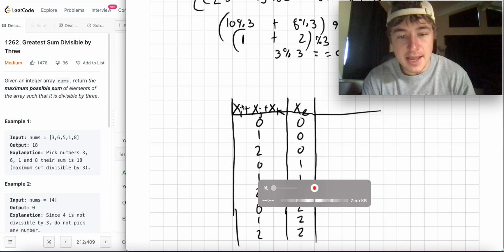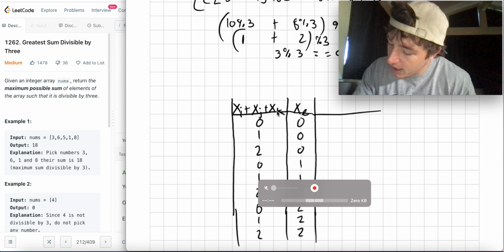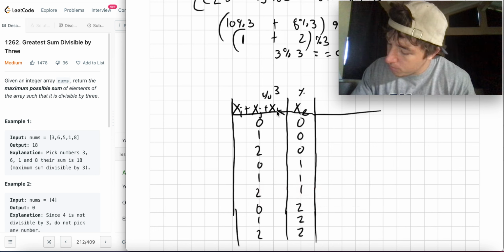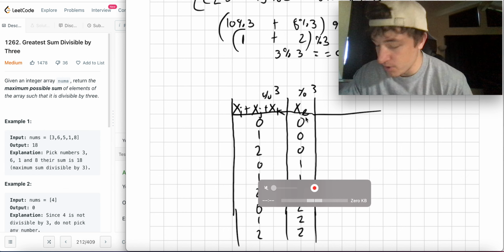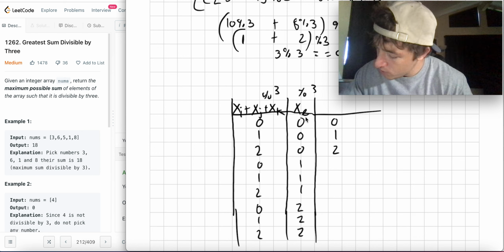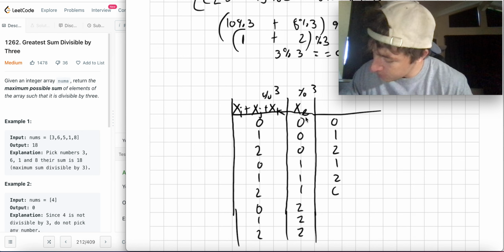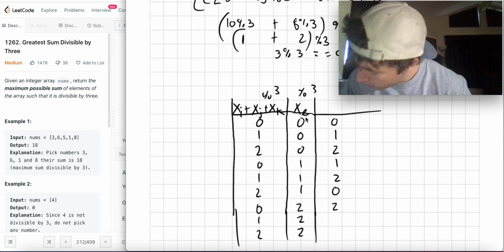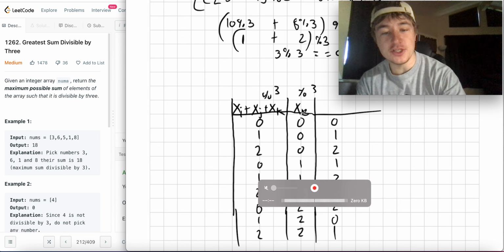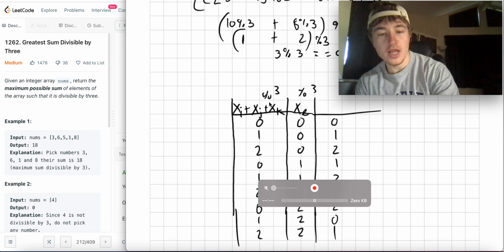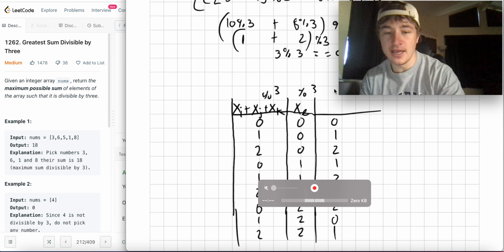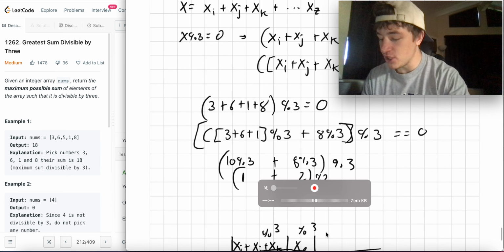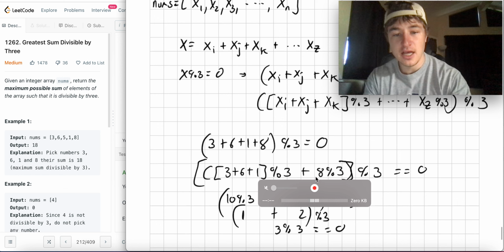Saying if xi plus xj plus xk mod 3 equals 0 and 0, what is the whole system going to be? 0, 1, 2, 1, 2, 0, 2, 0, 1. So if you add up these two components, the mod 3 of this system with the mod 3 of this system, and you mod 3 it again, we're exhausting all the possibilities of this problem.